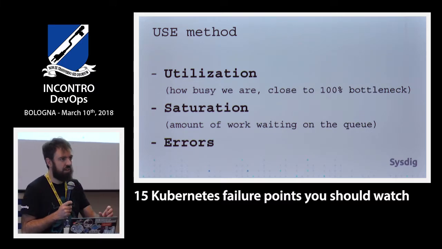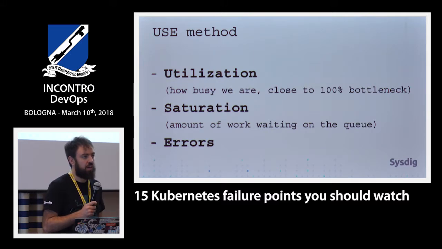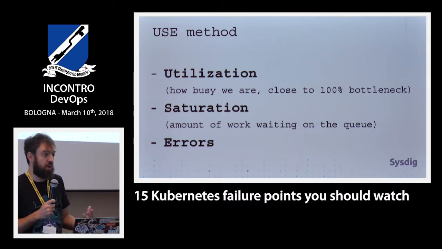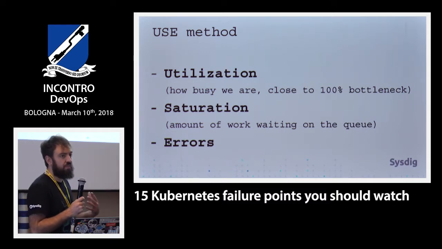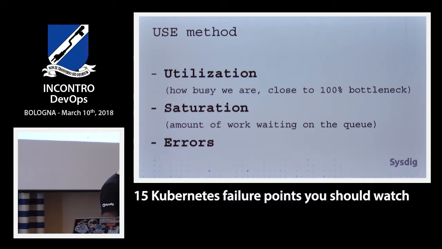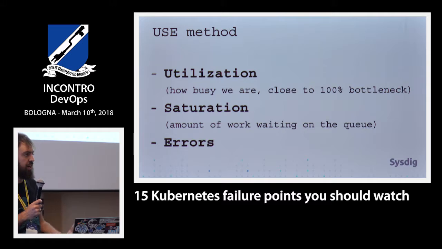Saturation, which is similar but slightly different, which is the amount of work that is pending to be processed, to be done. And then errors. This philosophy of monitoring was great, it was revolutionary at the time, but it was mostly thought with CPU, with memory, with caches, with disk storage in mind.